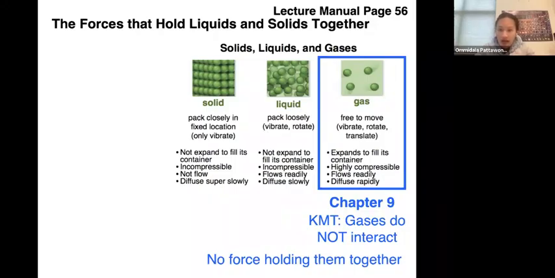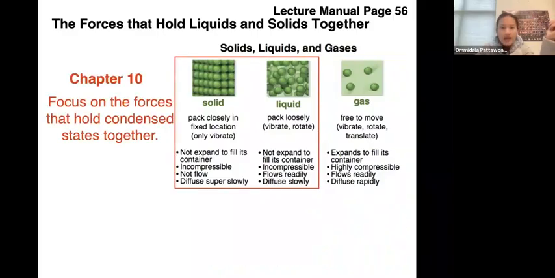According to ideal gas behavior, we assume that all gas molecules will not interact with each other. In this chapter 10, we are going to focus our attention only on solids and liquids. These two states are denser, which means they have IMF, or intermolecular forces, appearing within them.